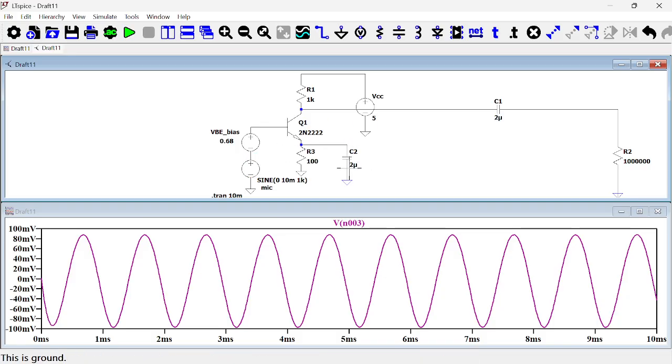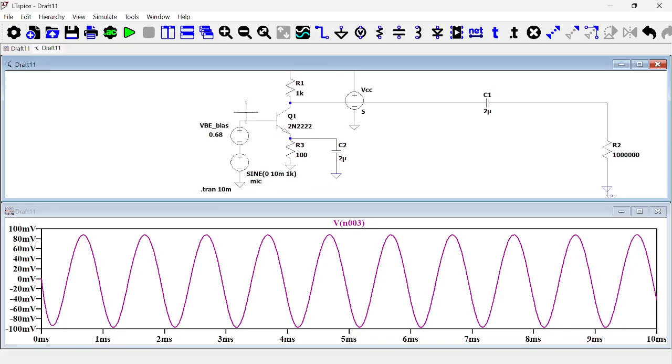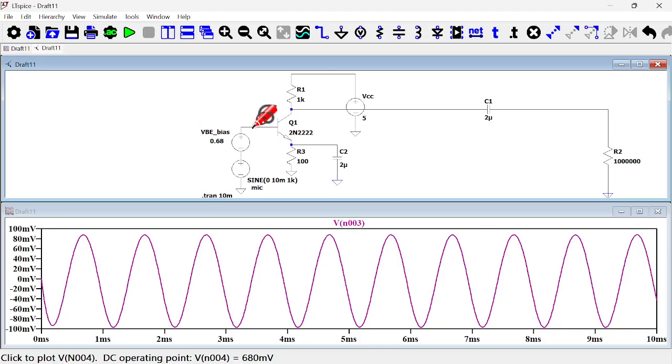So we still have amplification and the benefits of the emitter degeneration, which can be seen if we wanted the bias voltage to be stable. So there's a whole video on that in the other playlist. You can check it out if you are struggling to understand that concept.